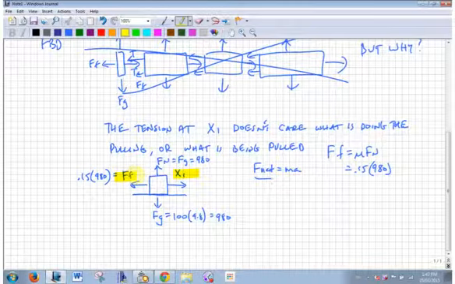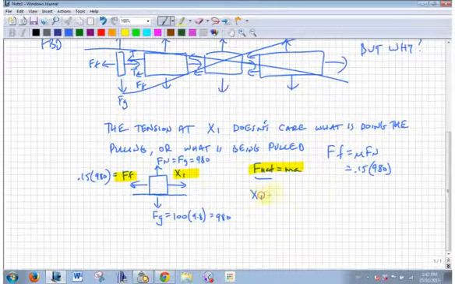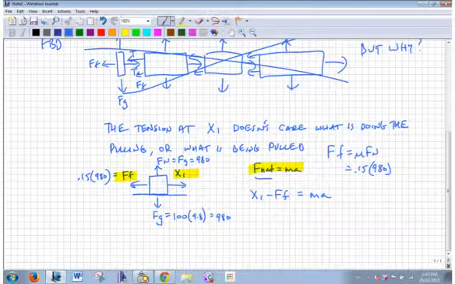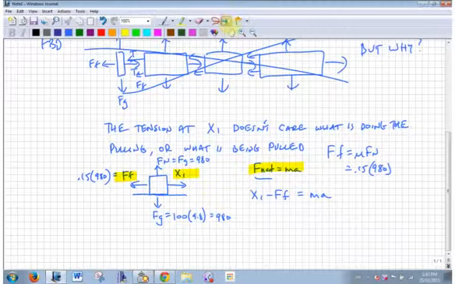Well, what's the formula? That's the formula, okay? There is no special formula. It's a concept. The concept is the net force, X1 minus force of friction, is equal to mass times acceleration, okay? It's a concept. It's not a formula. Different for every little problem you might do.